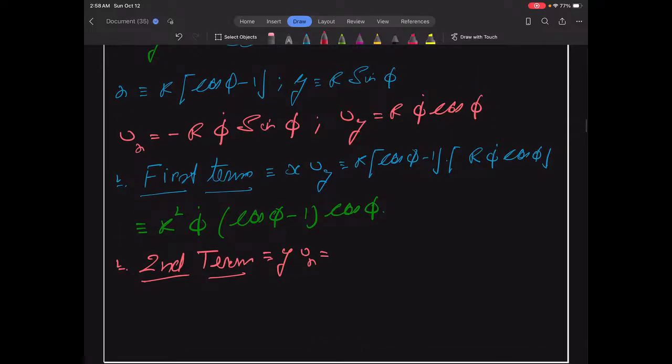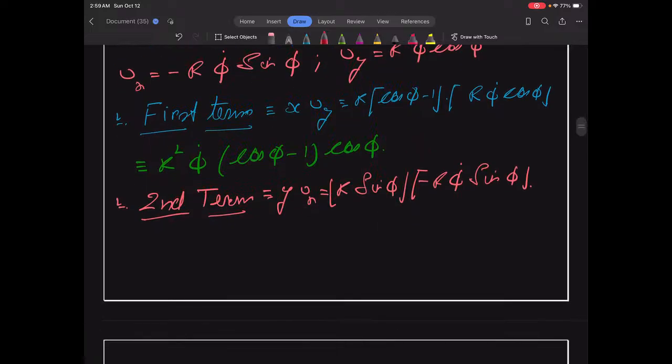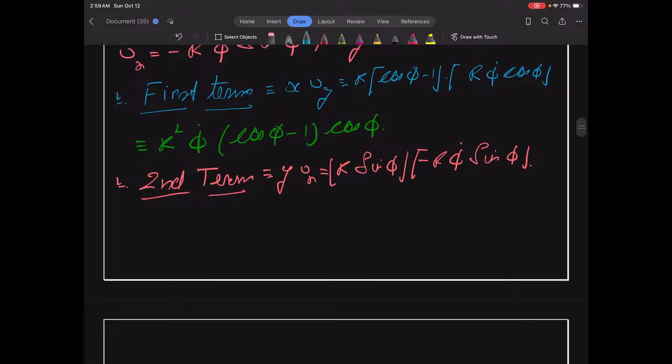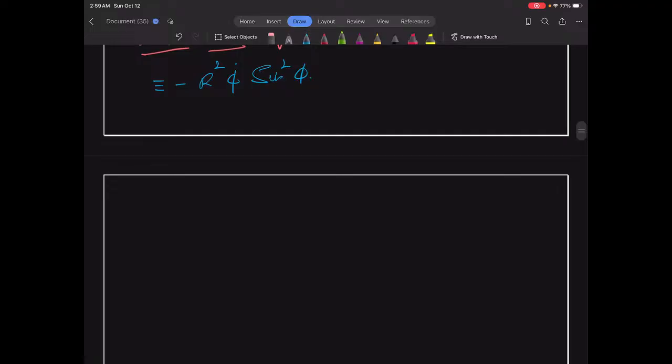Y is R sin of phi, and v_x is minus R phi dot and sin of phi. Therefore our second term will be equal to minus R square phi dot and sine square phi. And now we can subtract them.